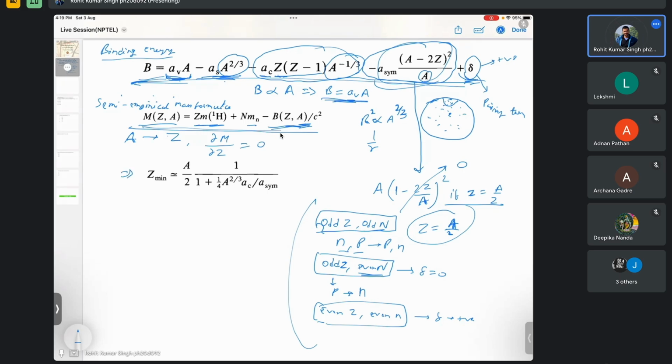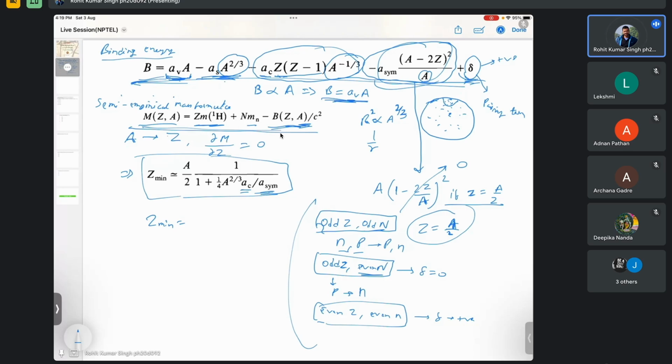Okay, and then you can put the numbers; these numbers are actually experimentally found, and you can get the formula for the Z of the stable nucleus having proton number Z.